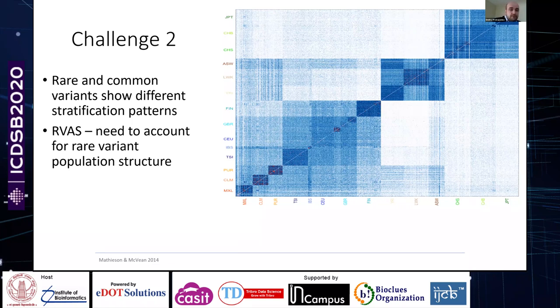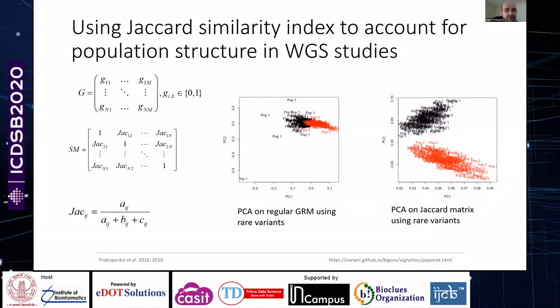So we have done some work to use alternative similarity matrices instead of the genetic variance-covariance matrix to account for population structure. Instead of the GRM, to construct principal component analysis, one could use the Jaccard similarity matrix, which is widely recognized in other fields.